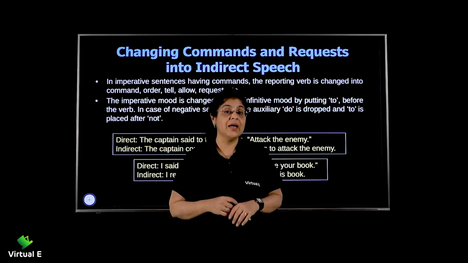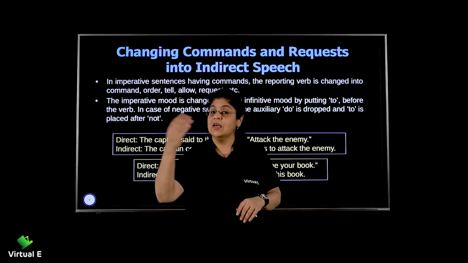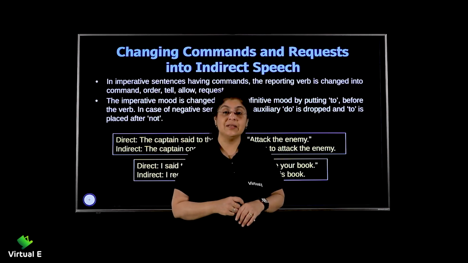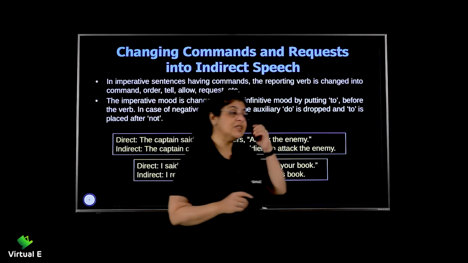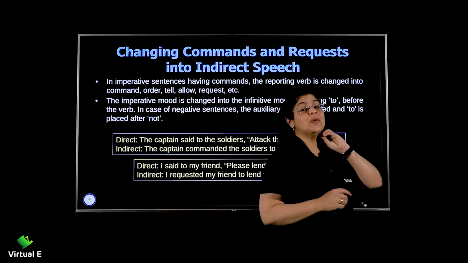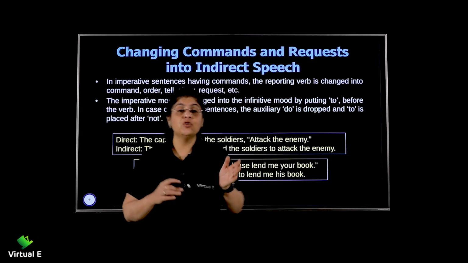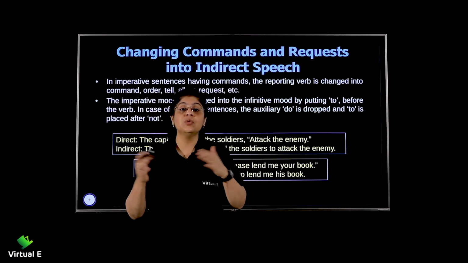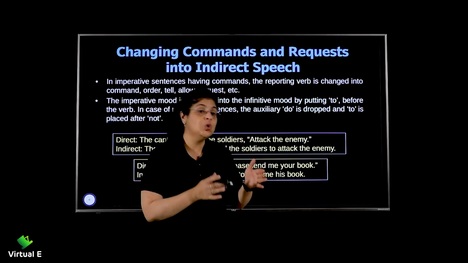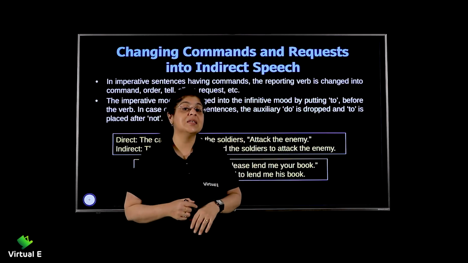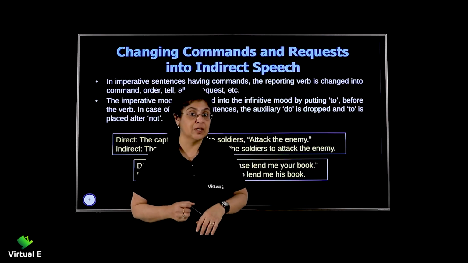It's very much required because in 9th, 10th, still further down, you will need this. So what is infinitive? Infinitive is nothing but to plus verb. So if you are talking of play, to sing, to dance, to read.